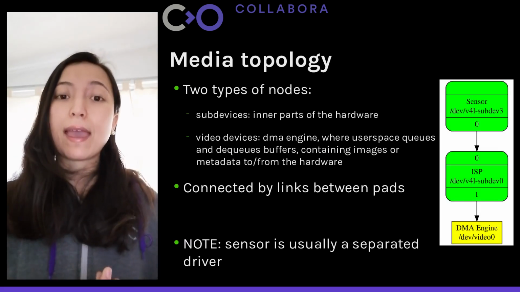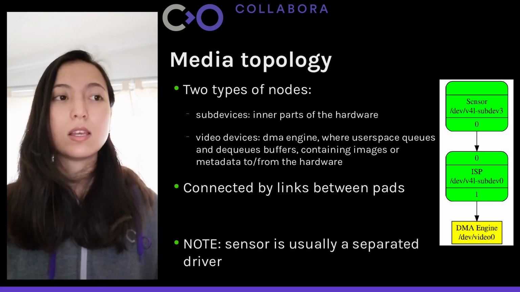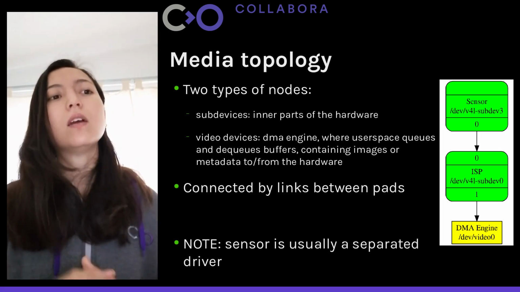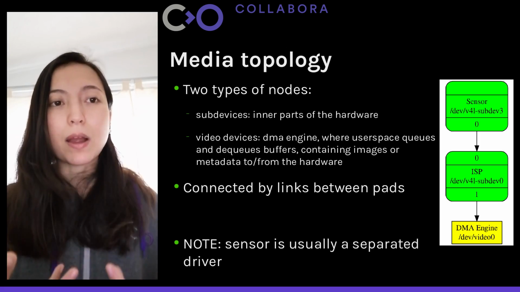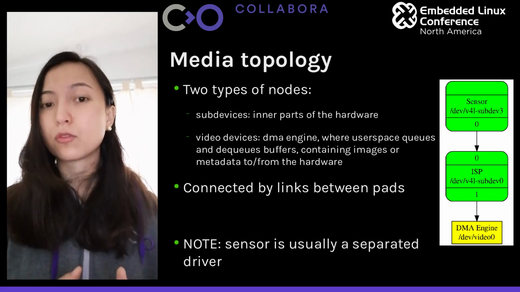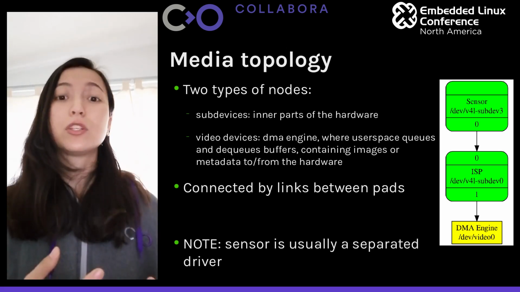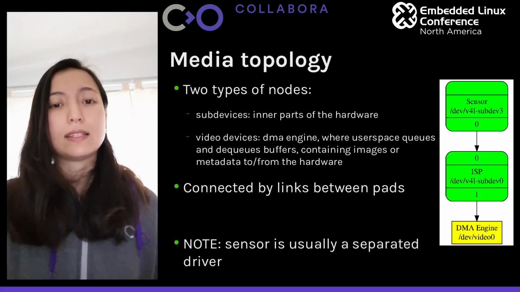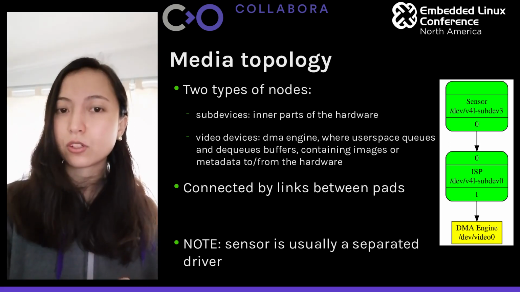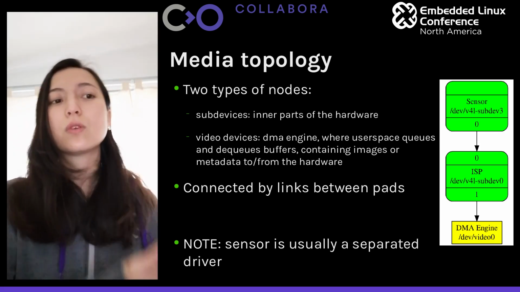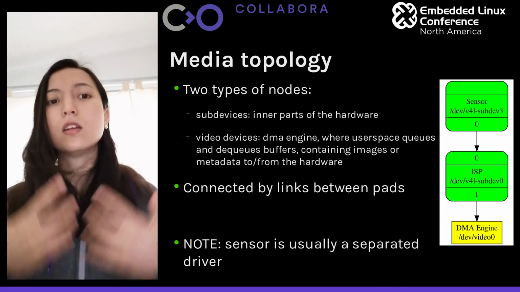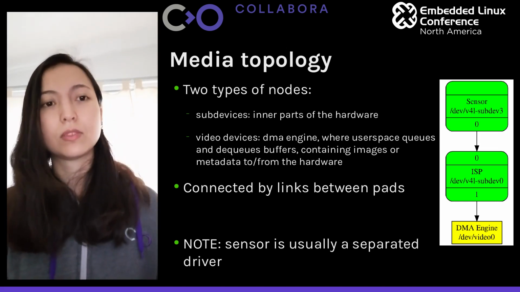In a topology, we have two types of nodes. What we call subdevices, in green, represent the inner parts of the hardware, and user space can perform some configurations there. And the video devices, in yellow, represent the DMA engine, where user space can perform some configurations, but it can also queue and dequeue buffers containing the image or metadata to and from the hardware.